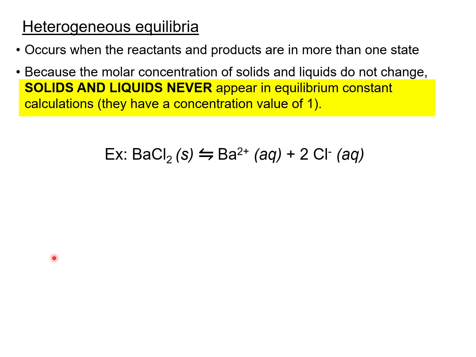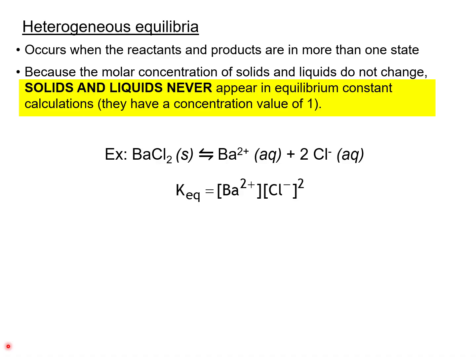And we're going to say that they have the effective concentration value of 1. So that means that the equilibrium constant for barium solid being in equilibrium with its ions is going to be just the molar concentration of the barium ions times the molar concentration of the chloride ions squared.